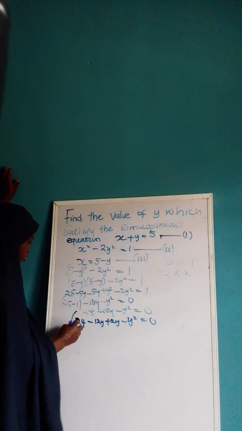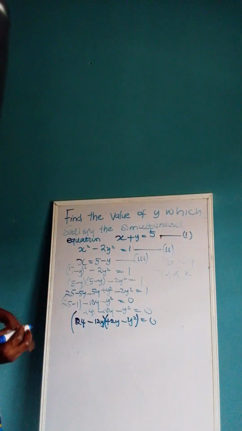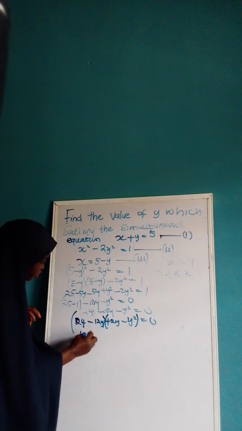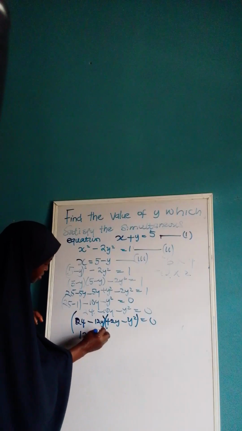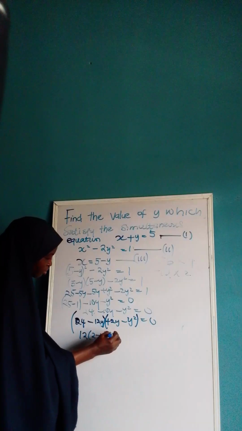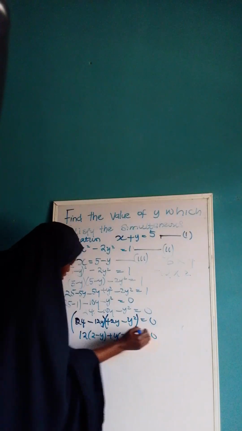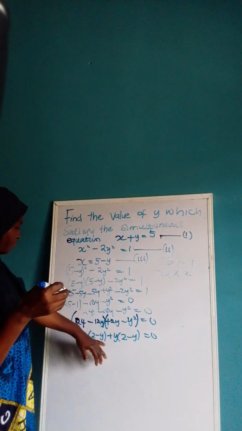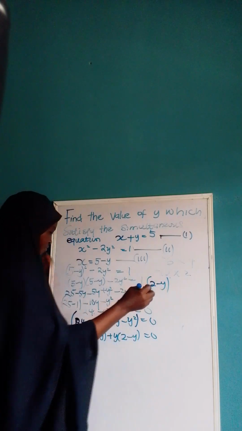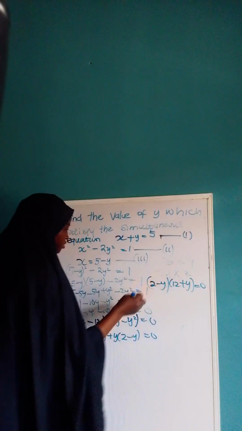So now put brackets like this. I just bracketed 2. The common number here is 12, so we are going to have 12 into (2 minus y). Here we are going to have plus y into (2 minus y) equals 0, which means the common factor here is (2 minus y) into (12 plus y) equals 0.